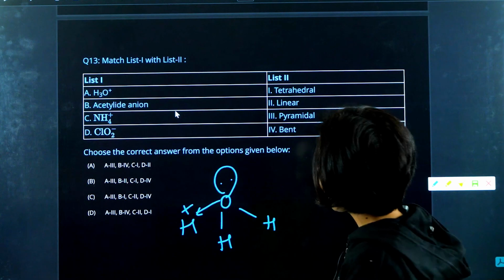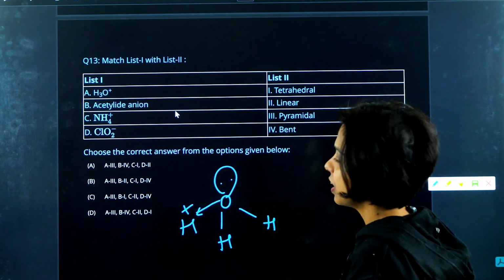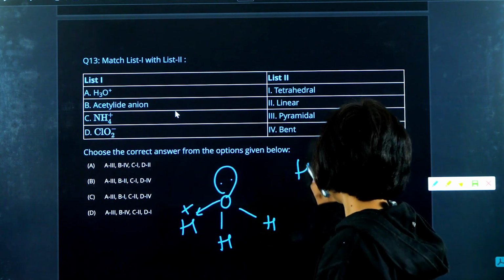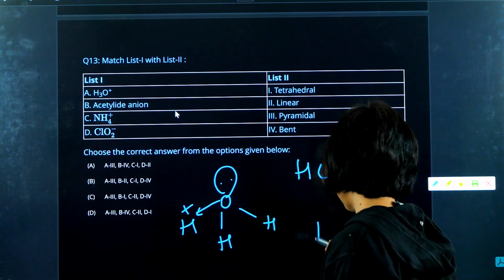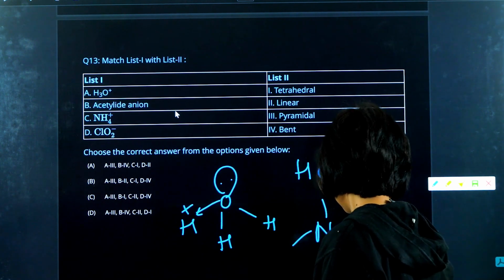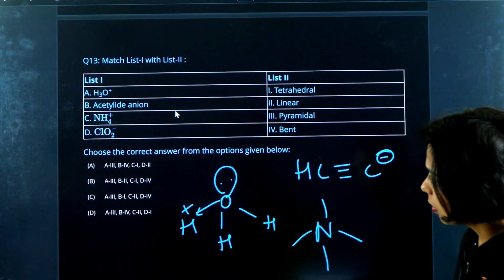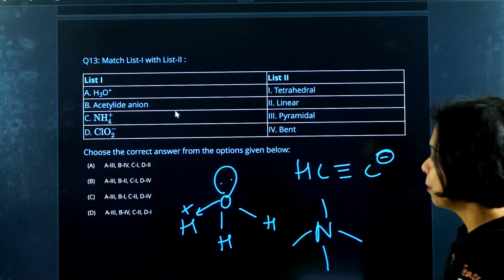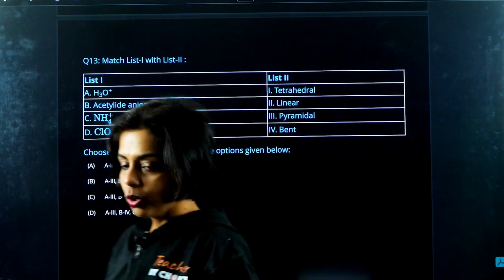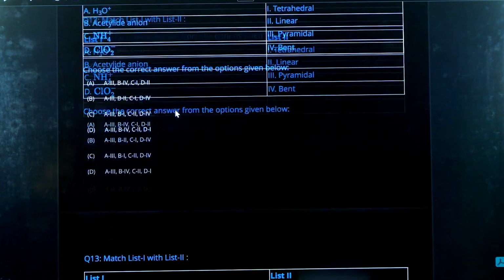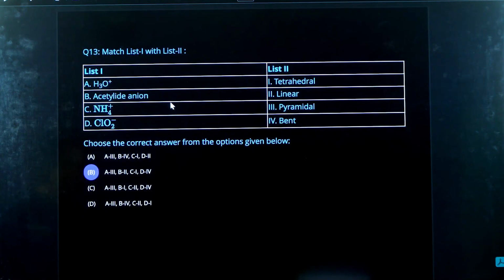Yes. And acetylide ion, of course, linear. Ammonium ion, pyramidal. Ammonium ion is pyramidal. And of course, the last one has to be bent only. Yes, bent. Clear? So, of course, we'll mark our answer as B.